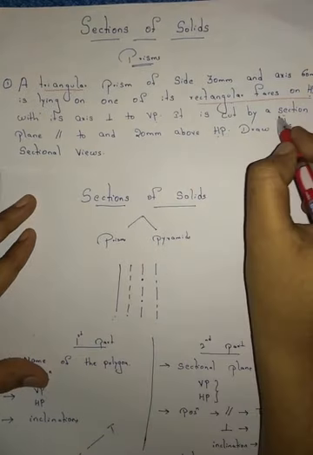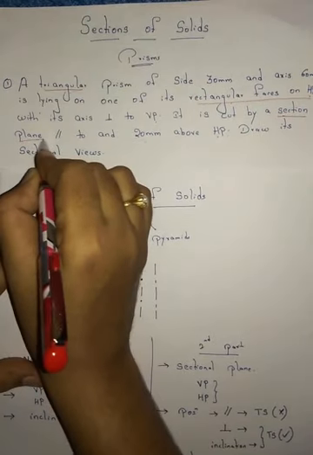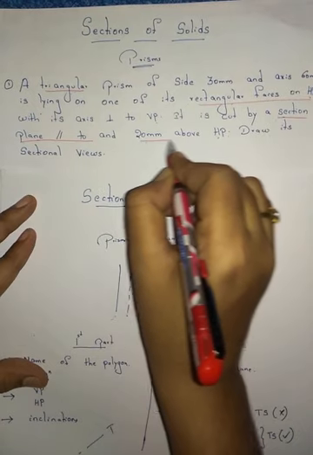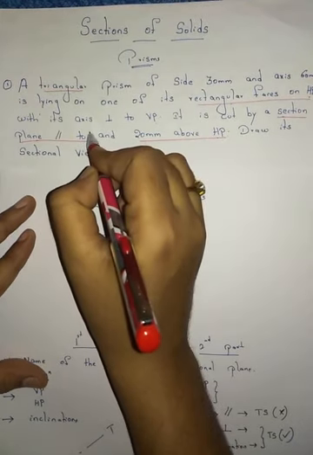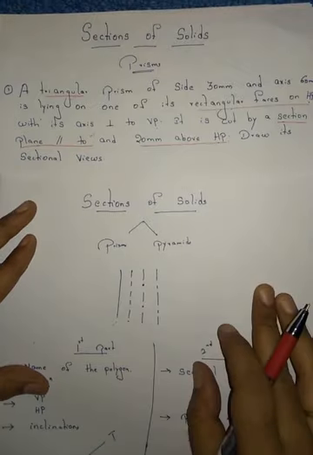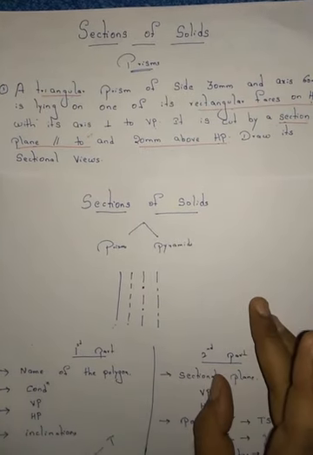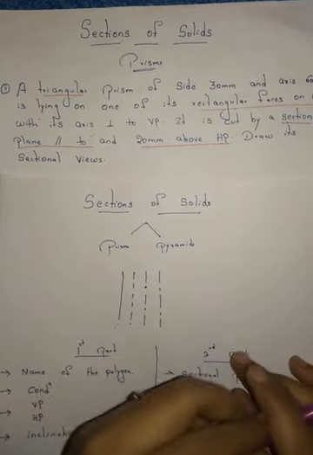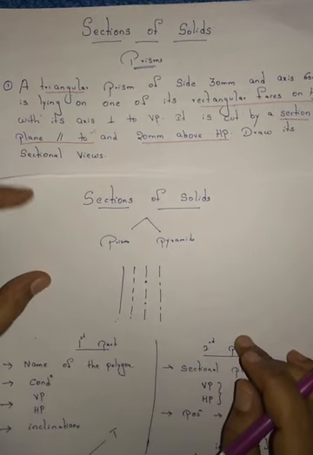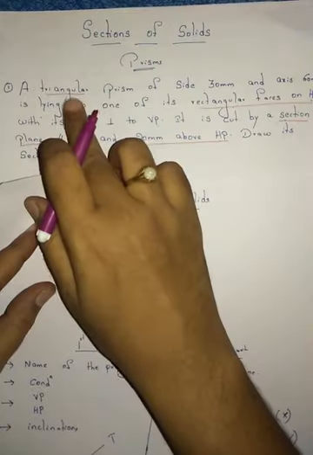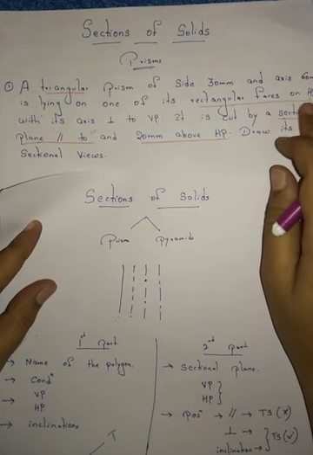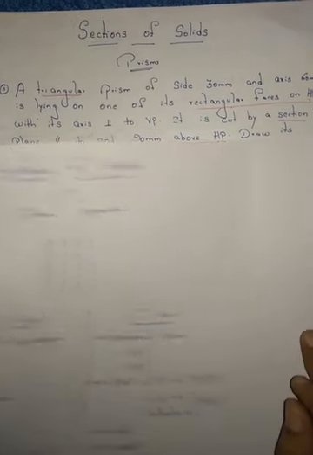The second part is the sectional plane parallel to and 20 mm above HP. Parallel to HP and 20 mm above HP. Draw its sectional views. So how to solve this one? First you have to construct the triangle such that the rectangular face is on HP, right?